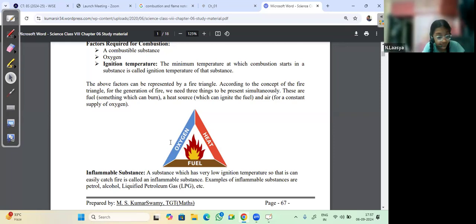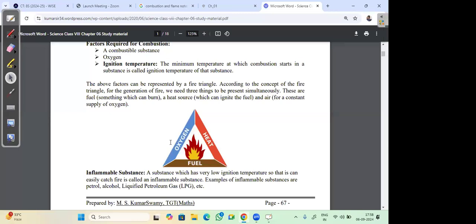Done? So what should we write? This is also called the fire triangle. It represents the three factors which are necessary for fire.